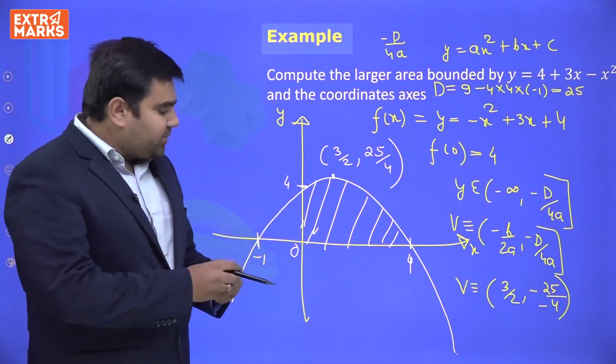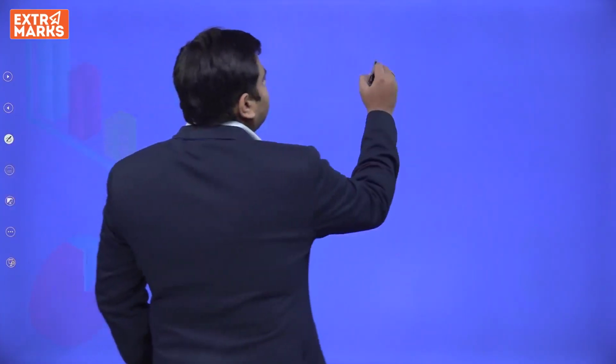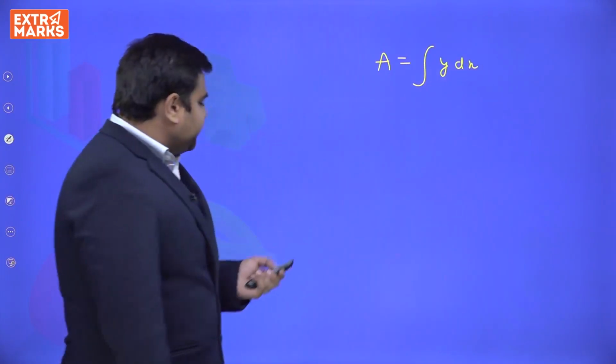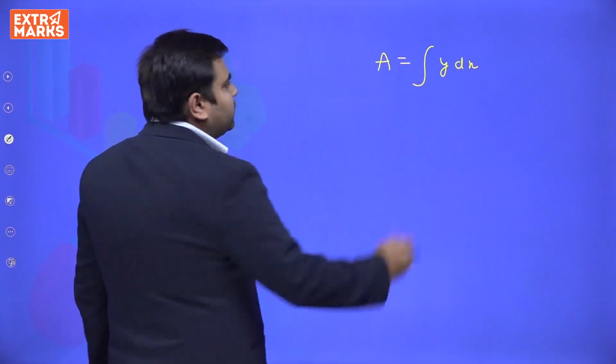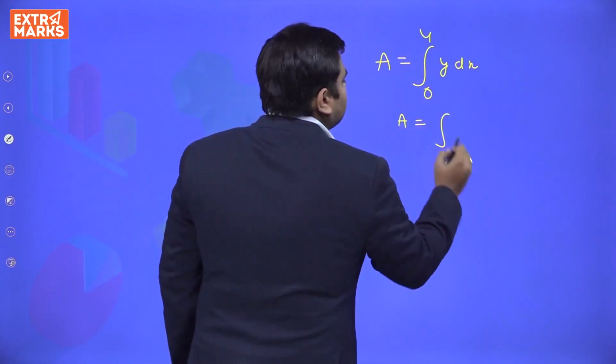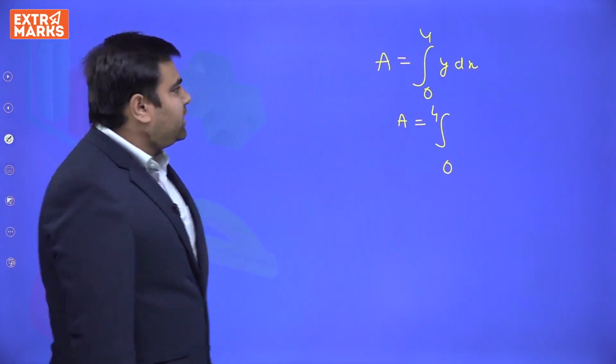So let's quickly do this. Area will come out to be the integral of y dx, where x lies between 0 and 4. What is y? y is 4 plus 3x minus x square.